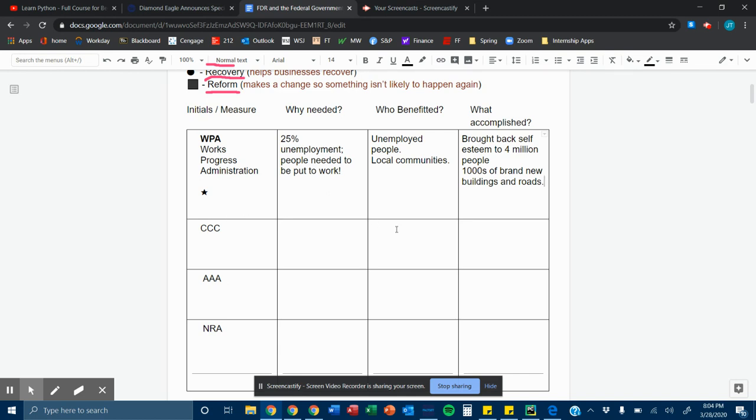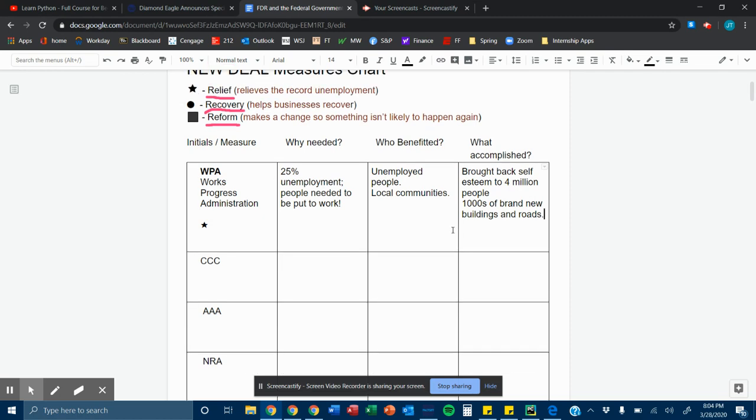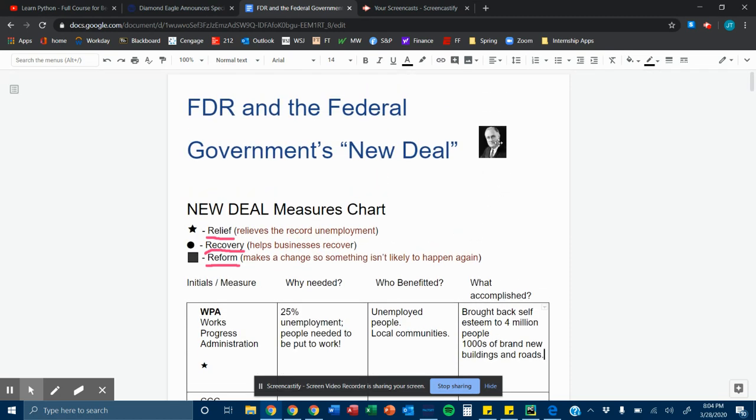Well, people thought that Franklin Roosevelt and the national government were doing so much to at least try. They were trying to help the American people and the American system, that pretty soon they stopped calling him Franklin D. Roosevelt or Franklin Delano Roosevelt, and they started affectionately calling him by his initials. And that's how it came to be that he became known as FDR.